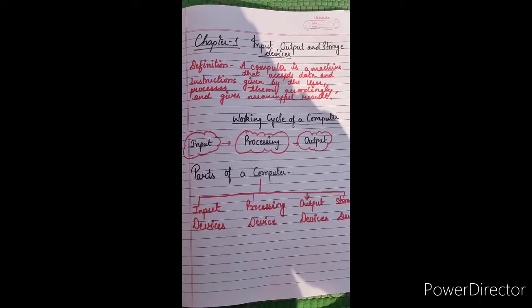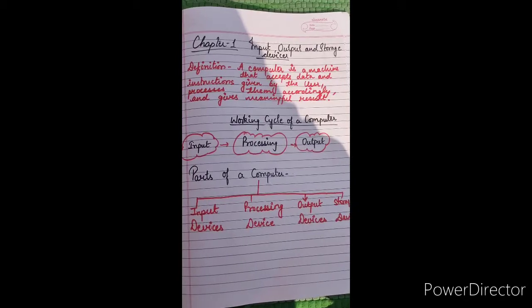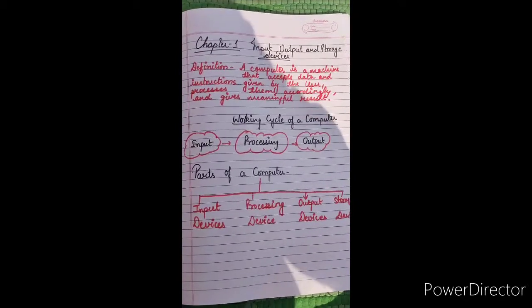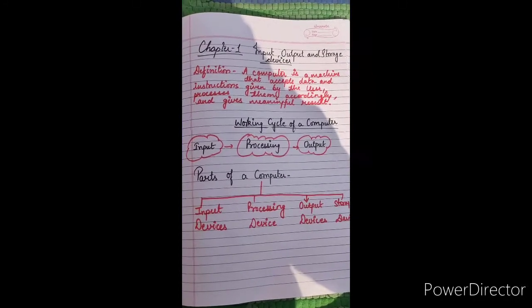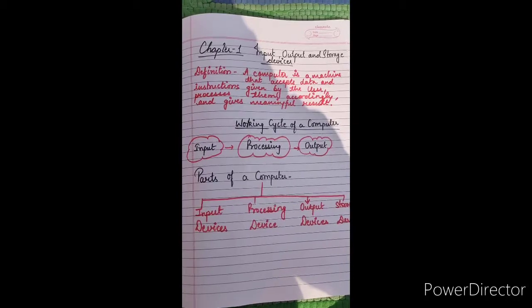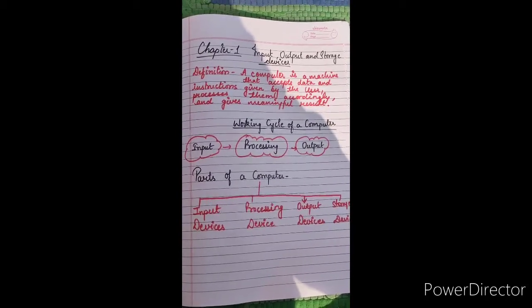Chapter 1, the name of the chapter is Input, Output, and Storage Devices. So, basically, what is a computer? A computer is a machine that works on electricity.